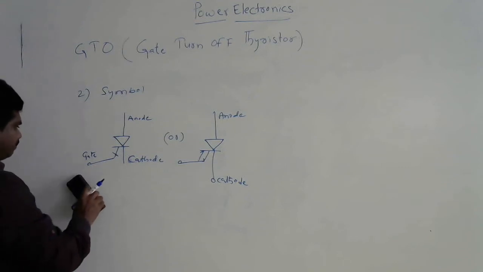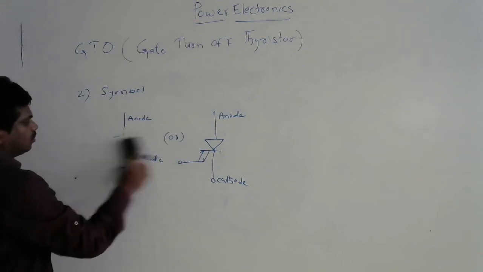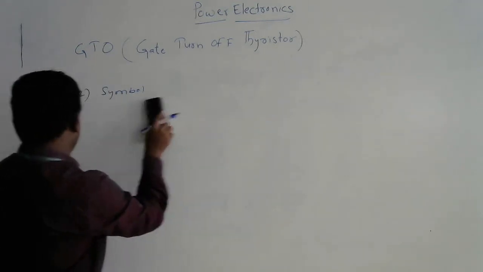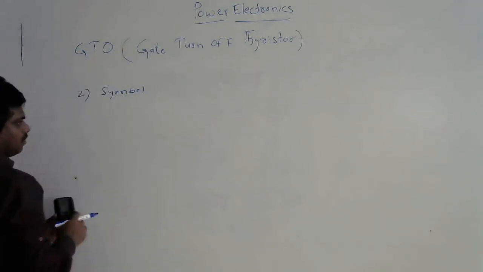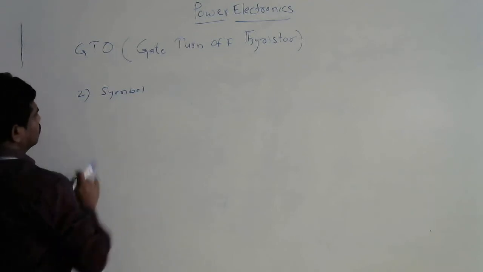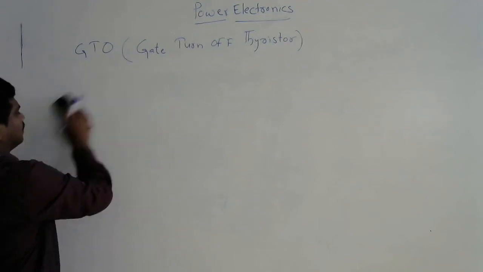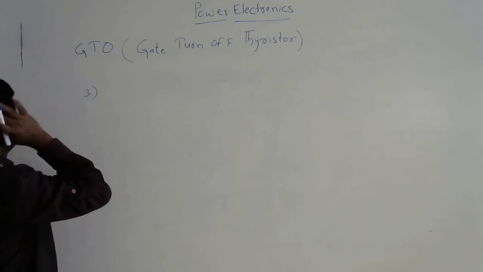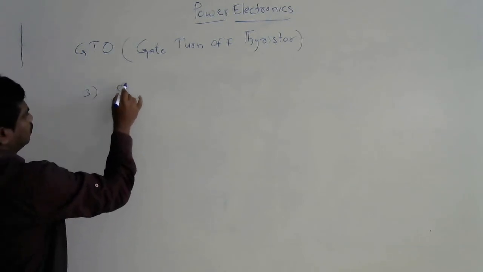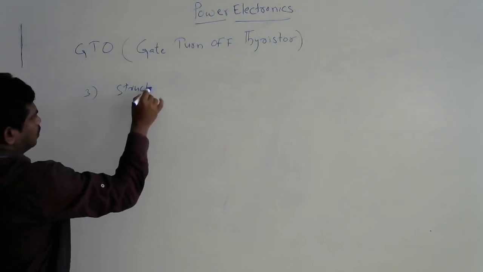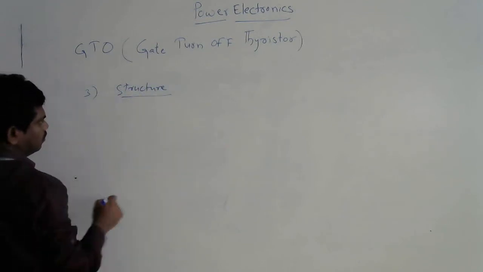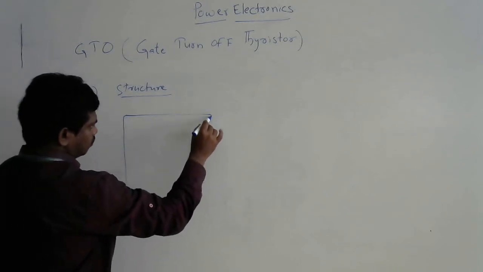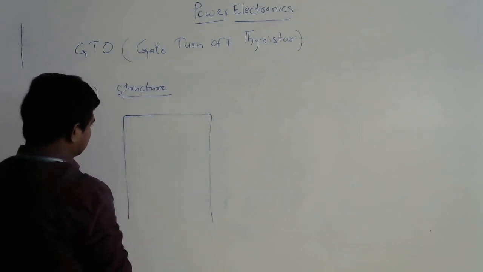Next we'll see the structure of GTO. I said the structure of GTO is the same as the SCR. Small change we can see in the case of GTO. So this is my GTO I'm representing here.